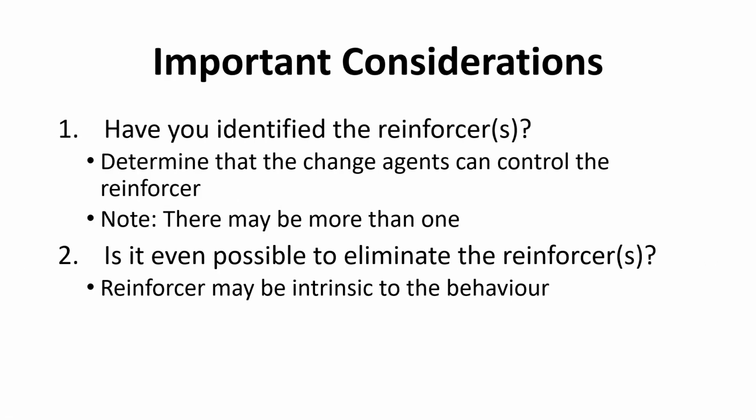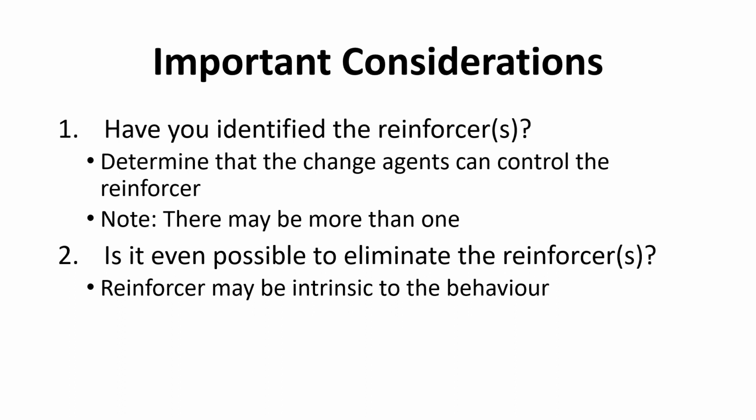In order to actually employ extinction, we want to look at a couple of important considerations, stuff that we need to keep in mind before we can actually use extinction in a situation. Step one is to make sure that you've actually identified the reinforcer or reinforcers. Sometimes situations can be more complicated and have more than one reinforcer. This is where that functional assessment comes into play. You want to understand the system and know what it is that's driving this problem behavior.